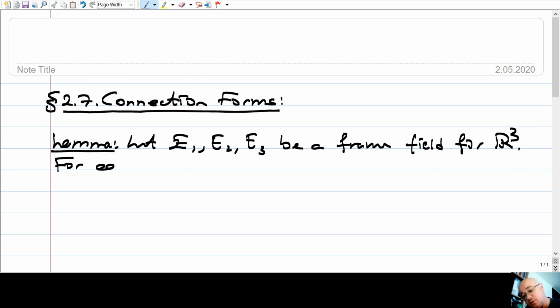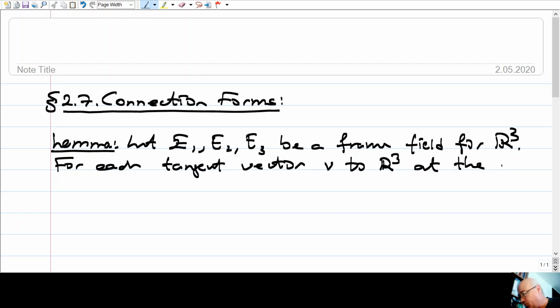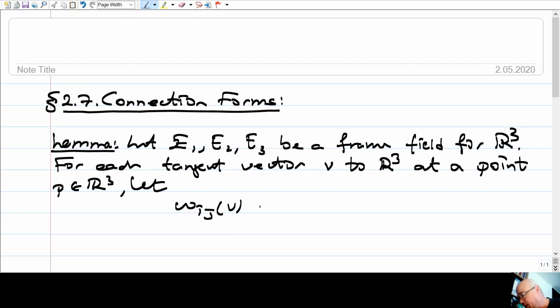For each tangent vector V to R3 at a point P, let omega ij of V be the following expression.